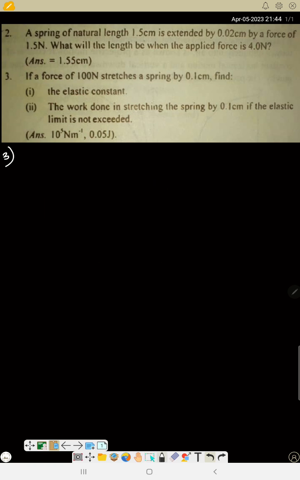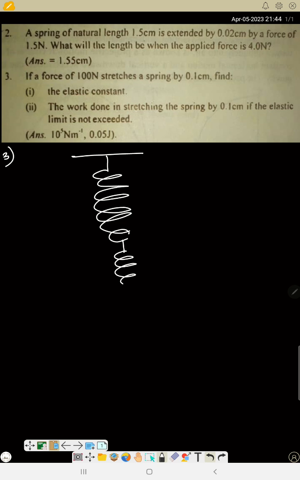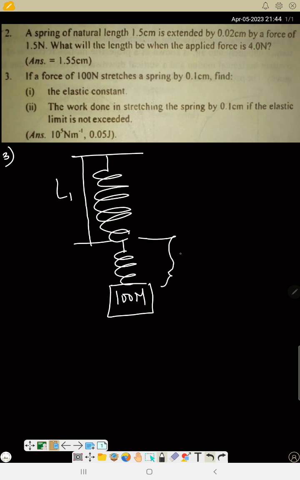So I have a spring, and a force of 100 Newton stretches it. I don't know the original length of this spring, but I know that if I apply a force of 100 Newton, it will stretch by 0.1 centimeter. So find the elastic constant. It's easy to find.